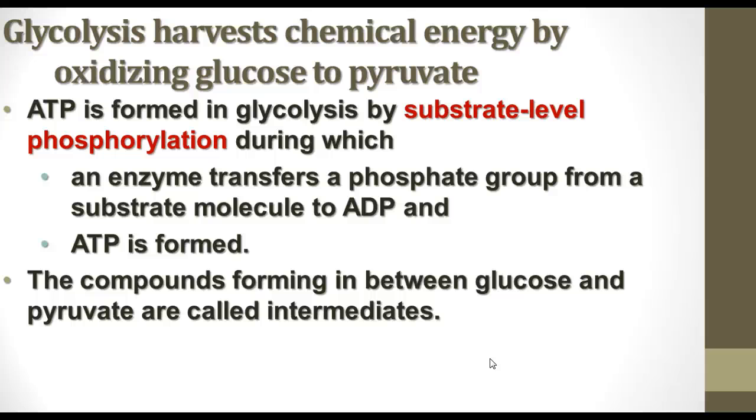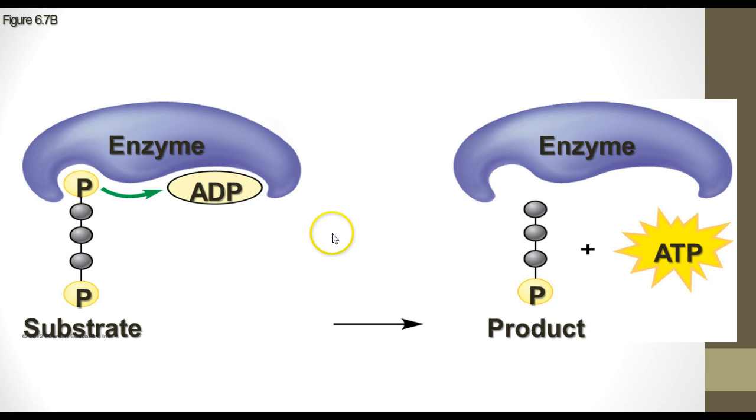There are several compounds that will be formed in between the glucose reactant and the pyruvate product. These are called intermediates. We aren't going to spend any time talking about them, just know that there are some compounds in between.